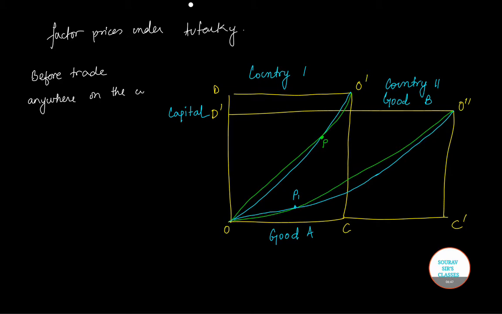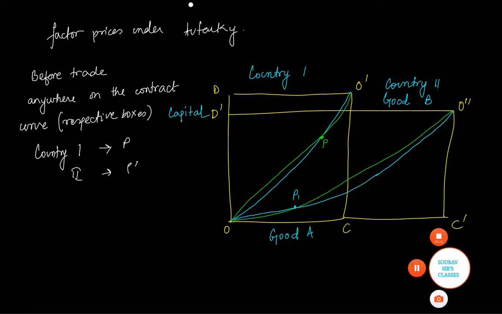It is nothing but the contract curve in their respective boxes. So this is very important. Now let us assume that the country 1, I have already marked it, produces at point P on its contract curve, and country 2 produces at point P dash.